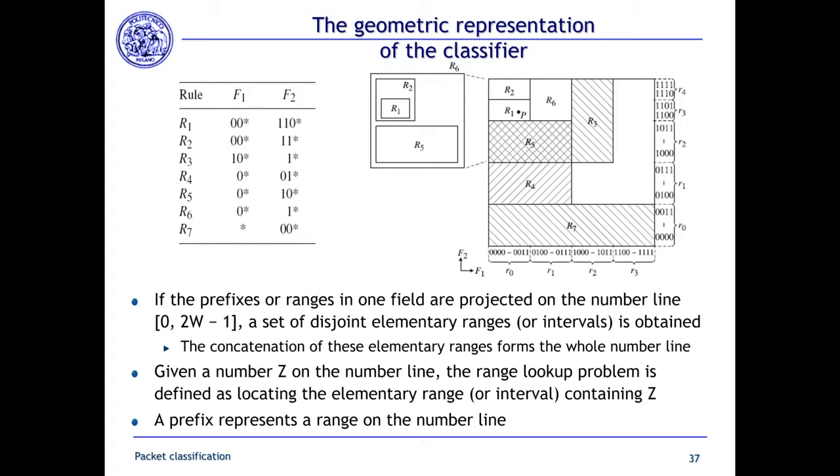Basically, you can put all this information in a table, with as many columns as the segments on the horizontal axis and as many rows as the segments on the vertical axis, and each element of this array will contain the highest priority rule for that specific combination of intervals. All this can be pre-computed.